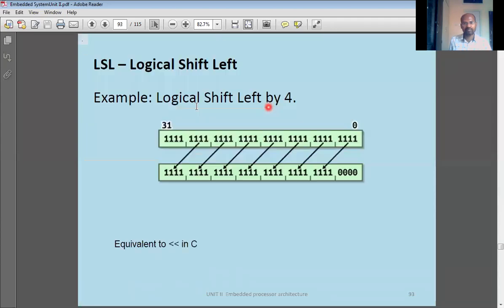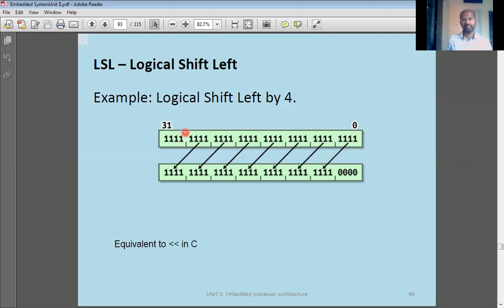This is an example in which we are shifting this X by 4 units, 4 bits. Of course, that X is 32 bit. All the registers are 32 bit wide, and this is fixed in ARM. All the registers are 32 bit. ARM 7, we are talking about ARM 7.